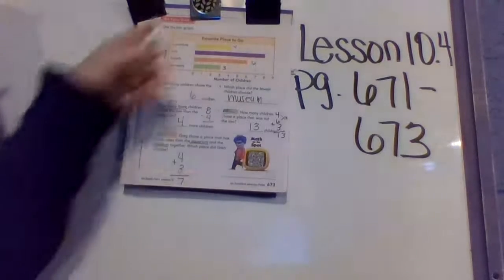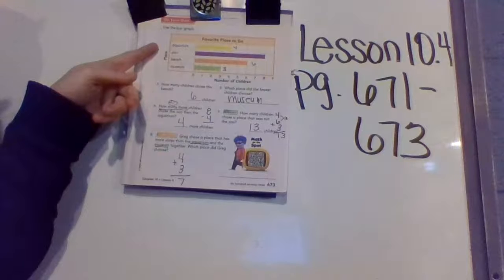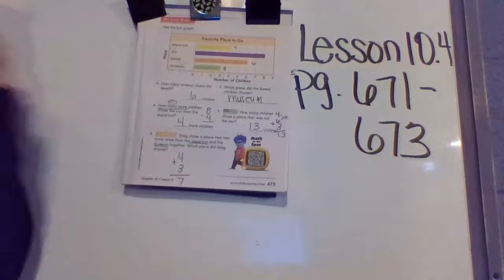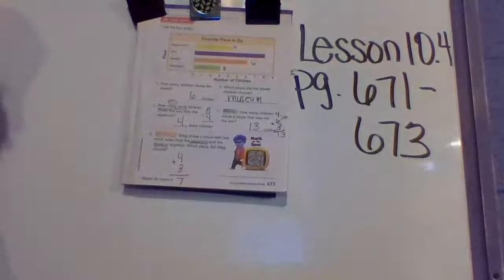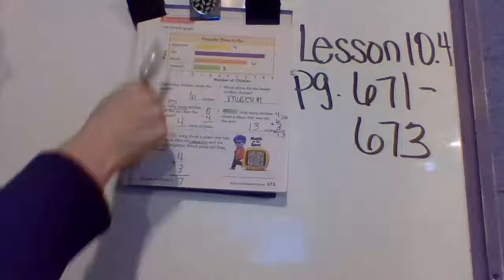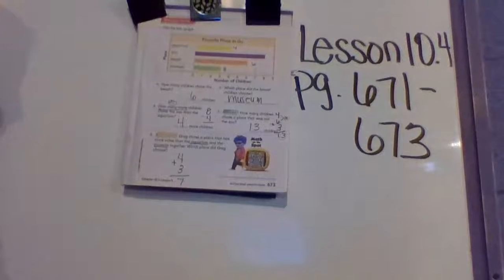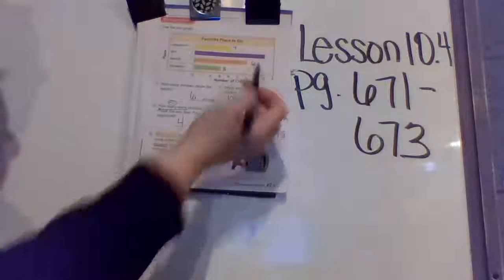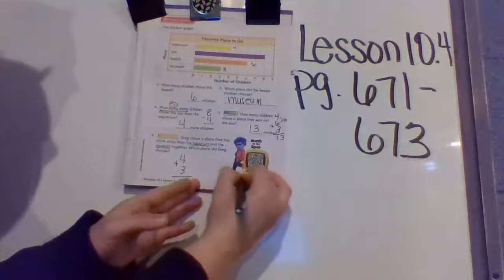So which place up top was the place that he chose because it had more than 7? Was it the aquarium, zoo, beach, or museum that had more than 7? Very good. It was the zoo. The zoo had 8.